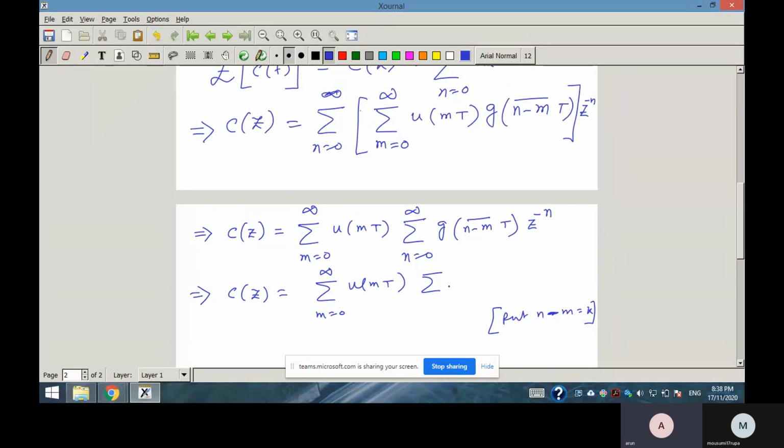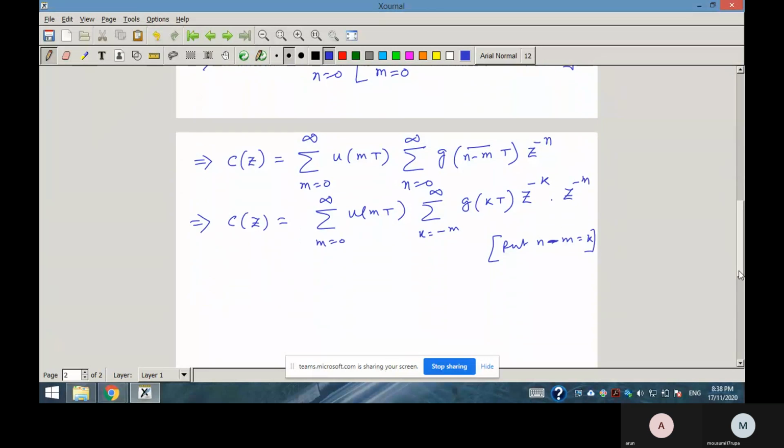K equal to minus m. So k equal to minus m to infinity g of kT into, now n will be replaced by m plus k, so it will be z to the power minus k into z to the power minus m.